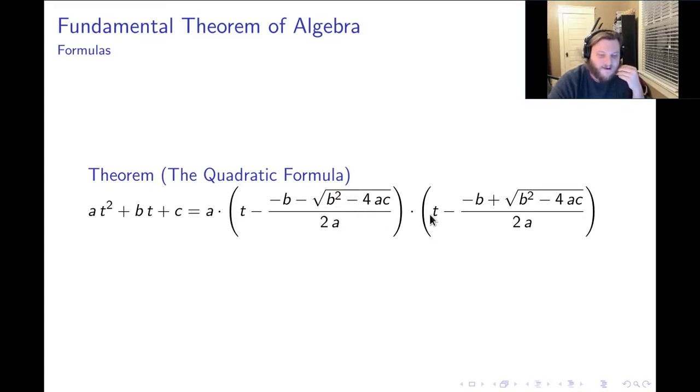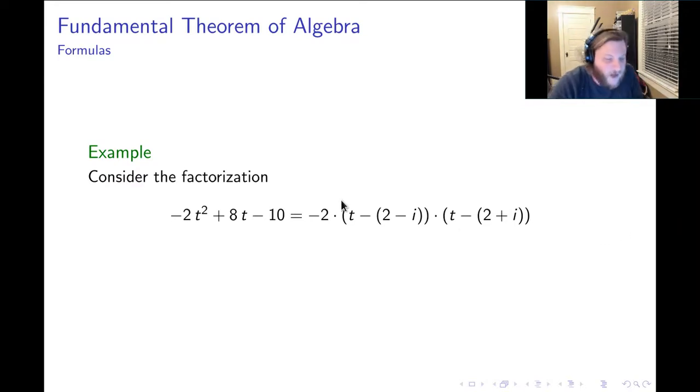Then the second factor is t minus negative b plus square root of b squared minus 4ac divided by 2a. So the quadratic formula gives us the roots of any quadratic, and the fundamental theorem of algebra tells us how to take those roots and write down a factorization of any quadratic.